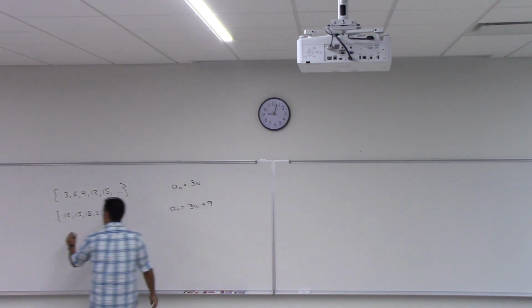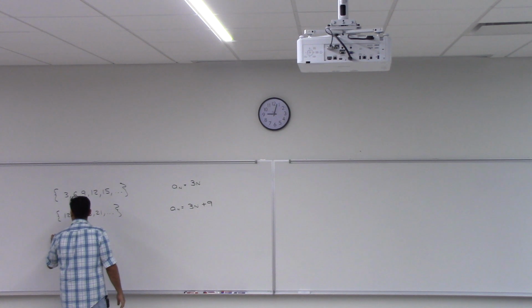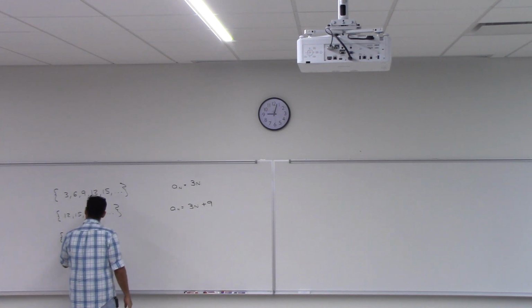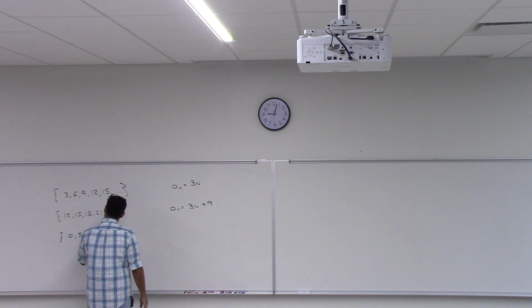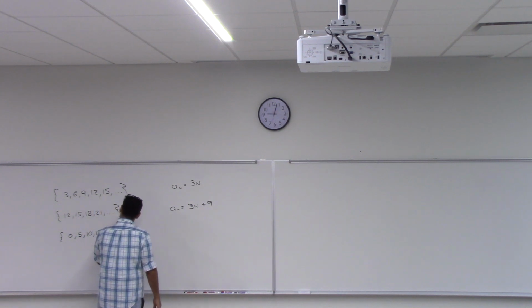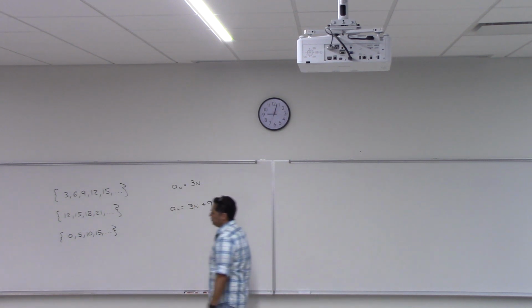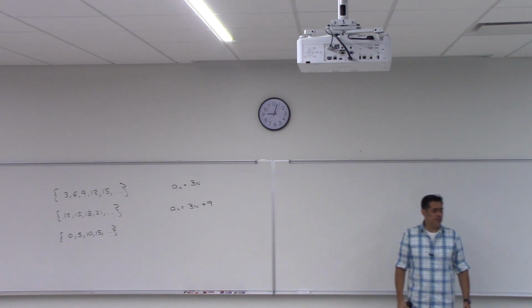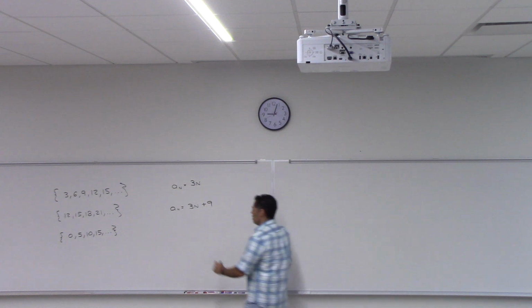So let's see. How about this one? How about 0, 5, 10, 15? Those all go up by 5 each time, right? So these are all multiples of 5.